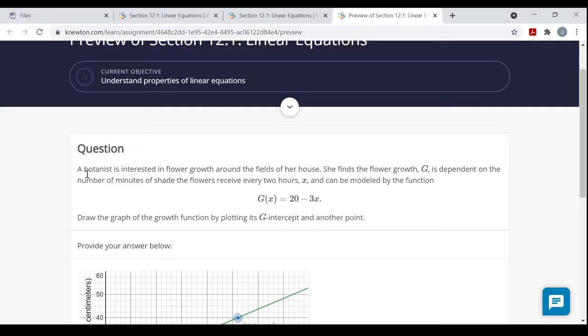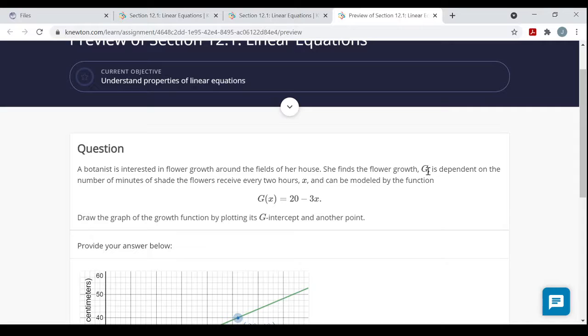So here, a botanist is interested in flower growth around the fields of her house. She finds the flower growth, G, is dependent on the number of minutes of shade the flowers receive every 2 hours. So x represents the number of minutes of shade the flowers receive every 2 hours.